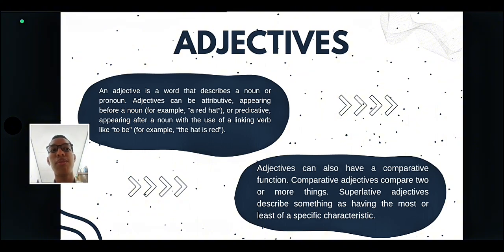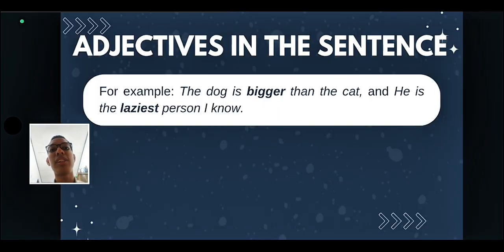Comparative adjectives compare two or more things. Superlative adjectives describe something as having the most or least of specific characteristics. For example, in the sentences: The dog is bigger than the cat, and he is the laziest person I know.